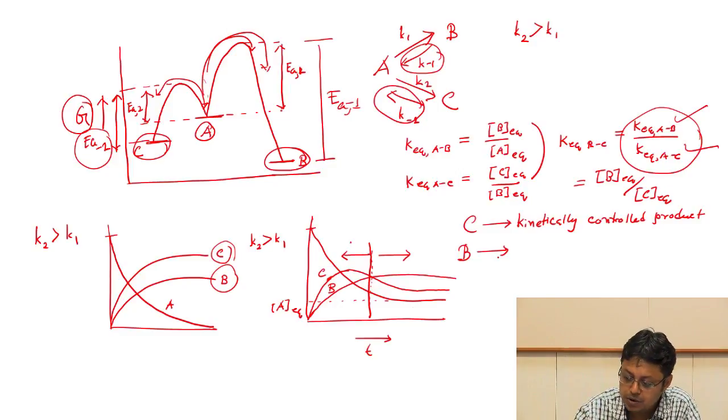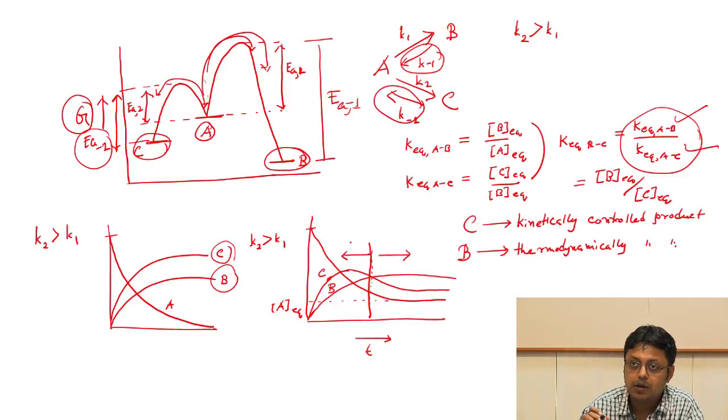So B is called the thermodynamically controlled product. In the long time or in the high temperature limit, you will see that B is forming more than C. So you'll see the C curve is down here and the B curve is here and A is here.